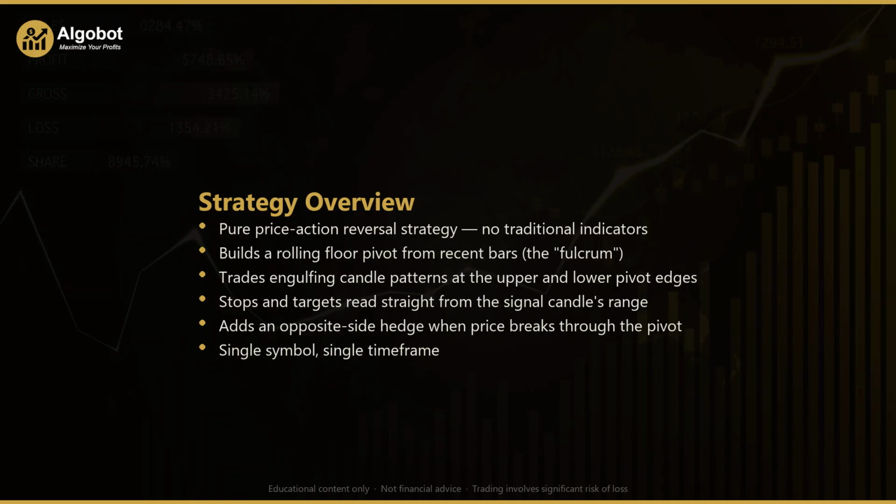The stop loss and take profit are read directly from that signal candle's own range, so each trade is sized by the market's own structure rather than a fixed distance. Finally, there's the hedge. If a trade drifts against the position far enough, the strategy treats it as a possible breakout straight through the pivot and opens an opposite side hedge to take part in that move.